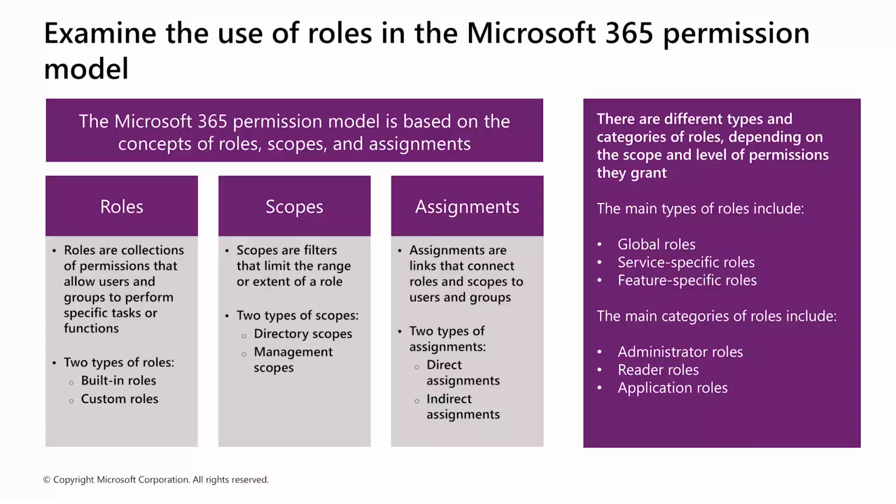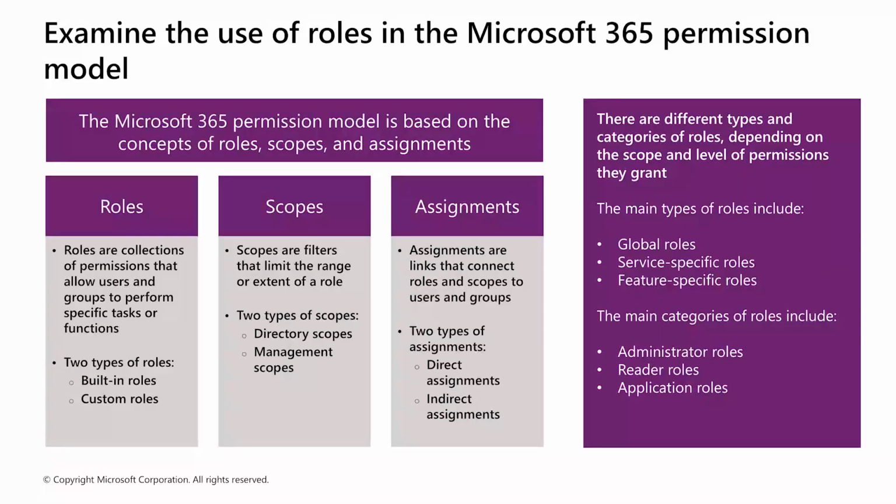So the Microsoft 365 permission model is based on the concept of roles, scope, and assignments. As you can see, we have direct assignment and indirect assignment, two types of scope, directory scope and management scope, and two types of roles available: built-in roles and custom roles.